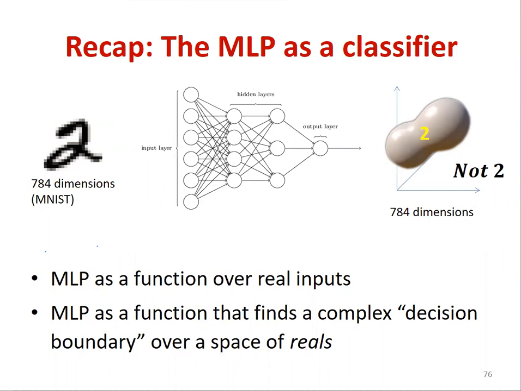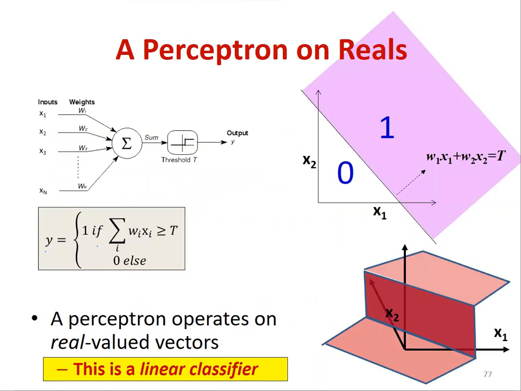Now this is the MLP as a classifier. We saw that MLPs can have categorical outputs, operating over real inputs, and model complex decision boundaries. We saw, for example, that a single perceptron accepting real inputs basically computes a Heaviside function, where there's a linear hyperplane, and on one side of the hyperplane the output is 0, and on the other side the output is 1.